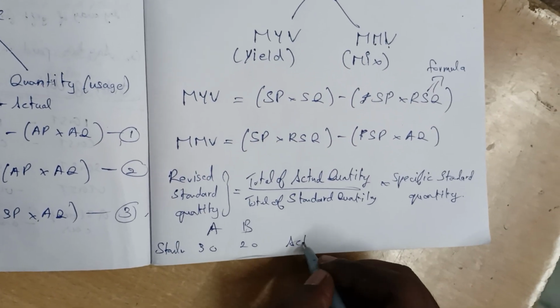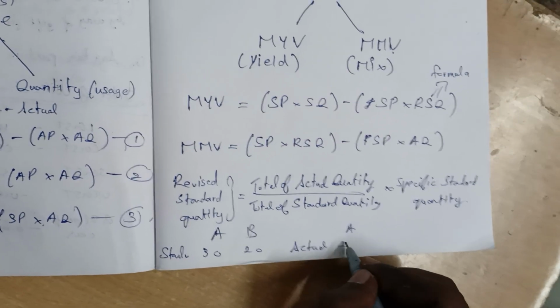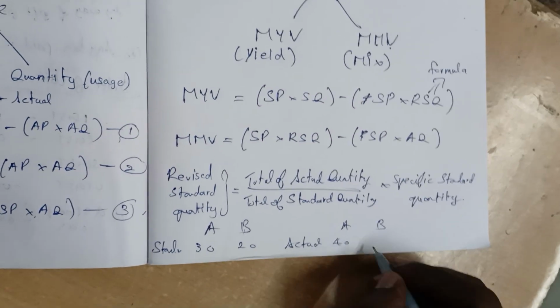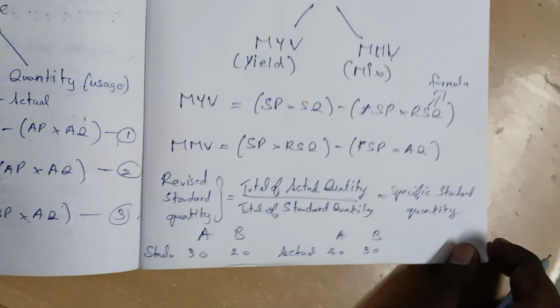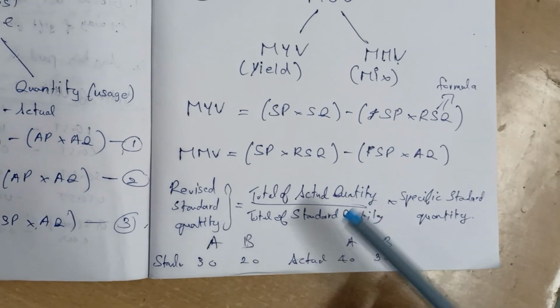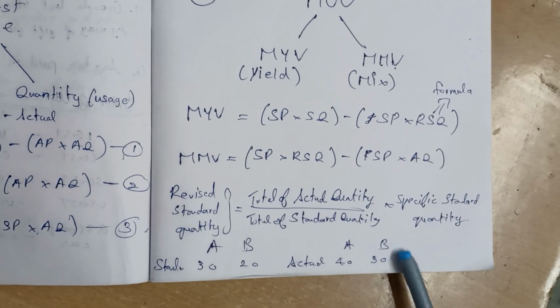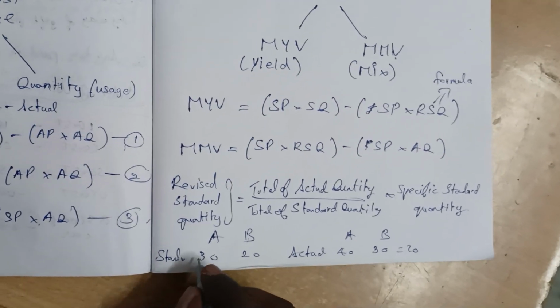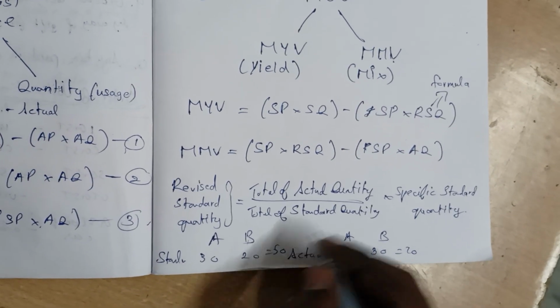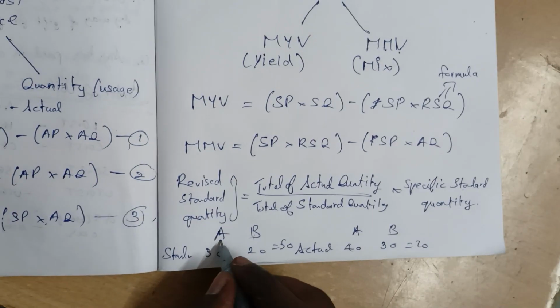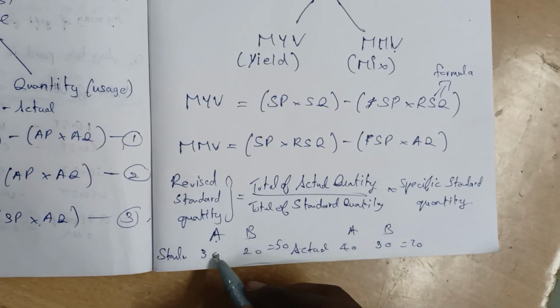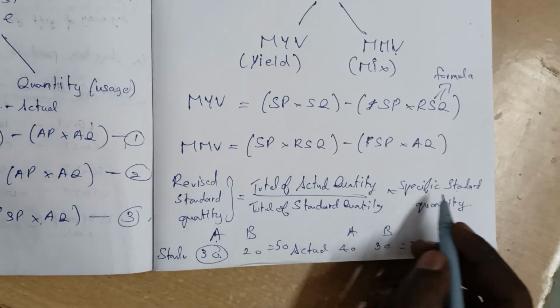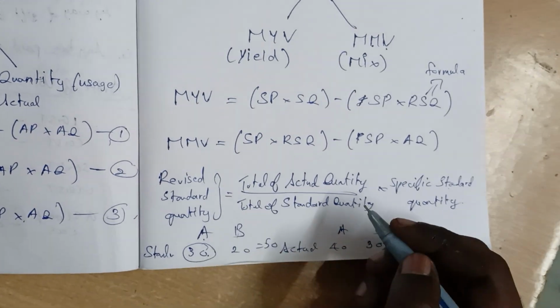Actual being for A 40 and B, let's say 30. Now the total actual quantity would be 40 plus 30 is equal to 70. Total standard quantity would be 50. Specific standard quantity would be for A 30. Similarly, you have to find this for the other one.